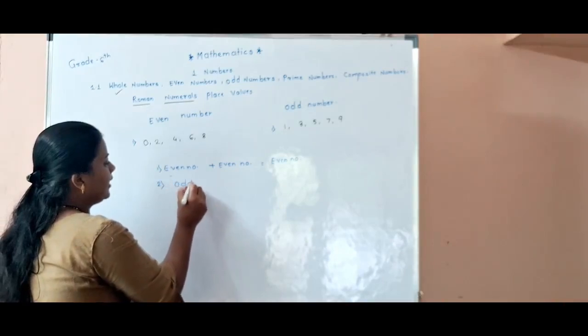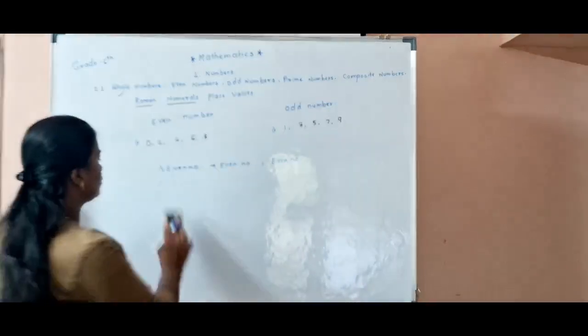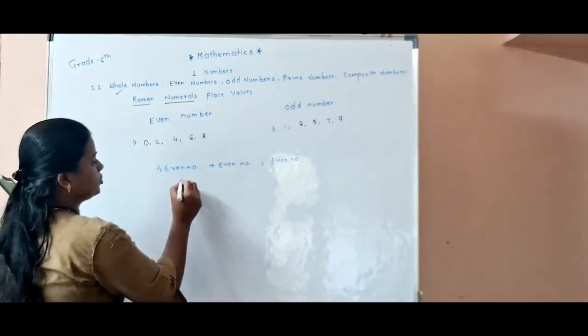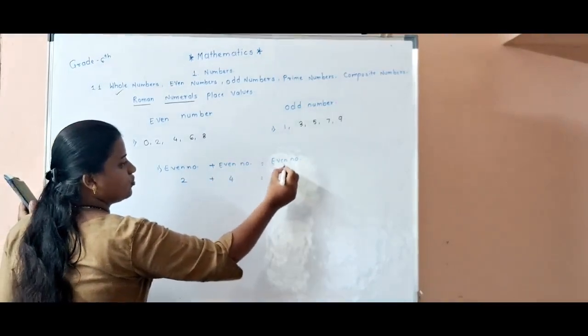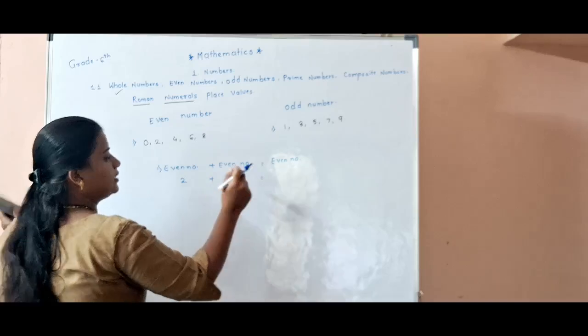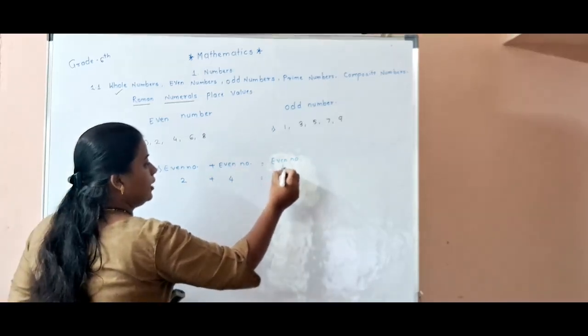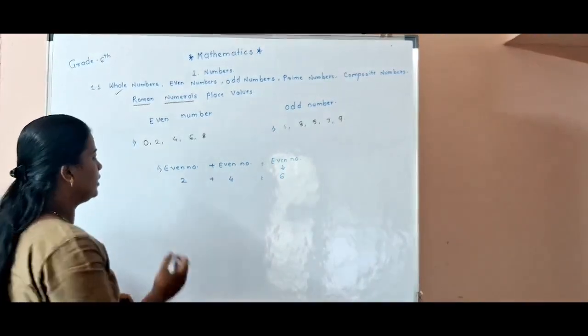We will take examples. Here, even number, let us take 2 plus even number 4. What I have told you, if even number and even number are added, it will be 6. That is an even number only.